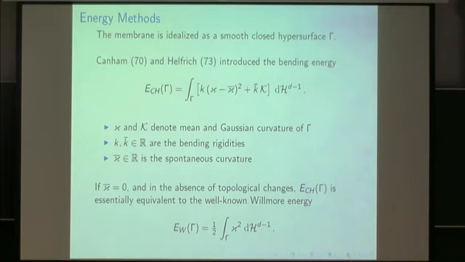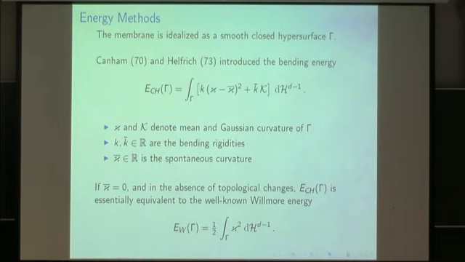In this talk, I will only look at closed surfaces of the same topology class, so you can ignore the Gaussian curvature term. And if the membrane is symmetric with respect to inside and outside, you can set the spontaneous curvature to 0, and you end up with the standard, well-known Willmore energy.